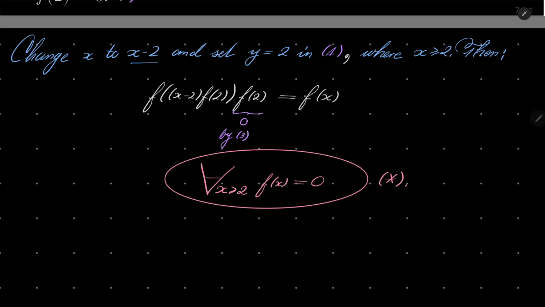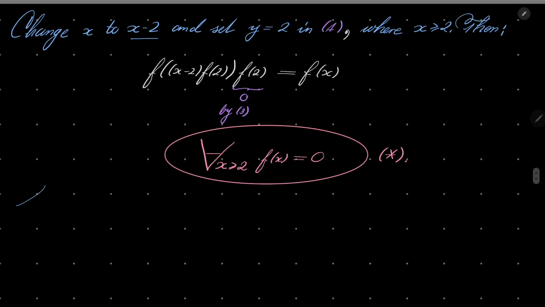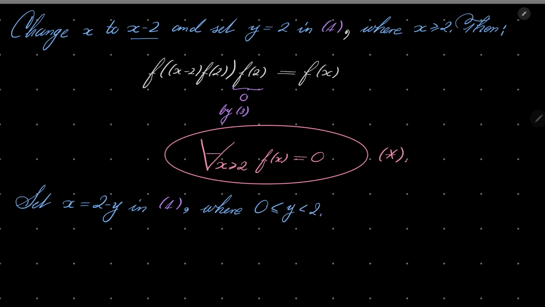Alright, now let's set something else. Now let's set x to be 2 minus y in our equation number 1, where we assume that y is between 0 and 2.